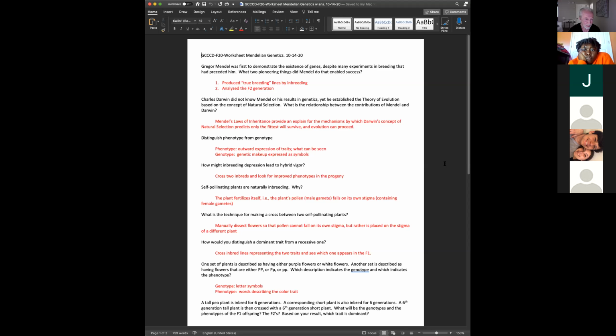What is the technique for making a cross between two self-pollinating plants? Well, we looked at what Mendel did with his peas. Peas are self-pollinating. In fact, before the flower ever opens, pollen sheds on the stigma. So what Mendel did was, before the flowers open, he dissected them manually and took the anthers out, so there was no pollen.